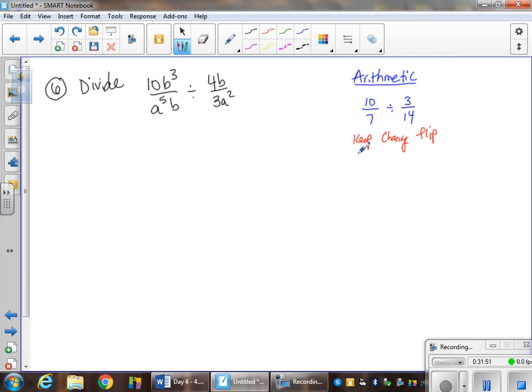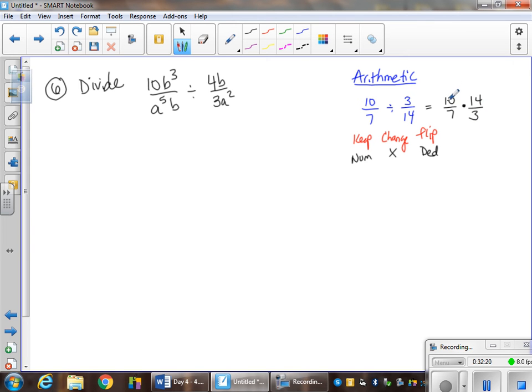We keep the numerator, or keep that first fraction, same difference, keep the numerator, change to multiplication, flip the denominator. So this would equal 10/7, keep that first fraction, change to multiplication, flip the second.